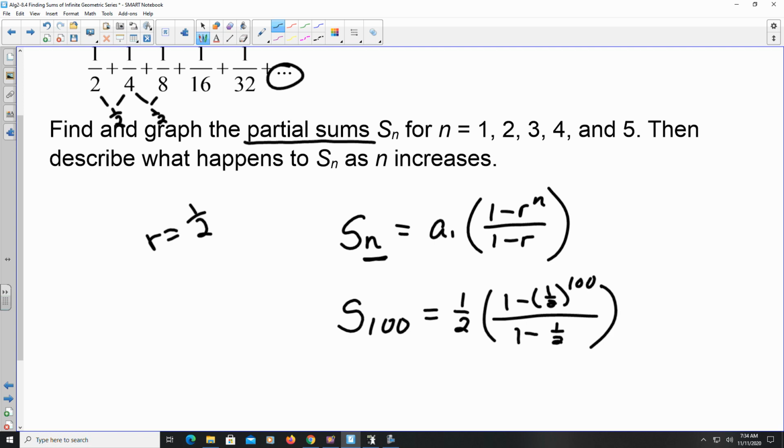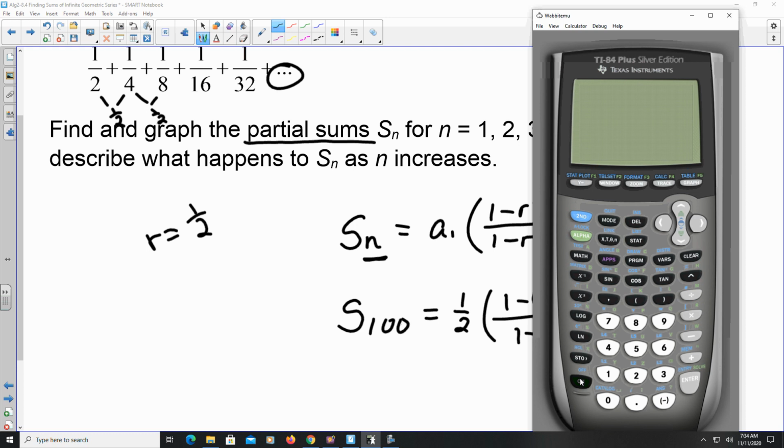So if I took my calculator and asked, all right, what is 1/2 raised to the 100 power? I get this really small value, because it's like 7.89 times 10 to the negative 31 power.